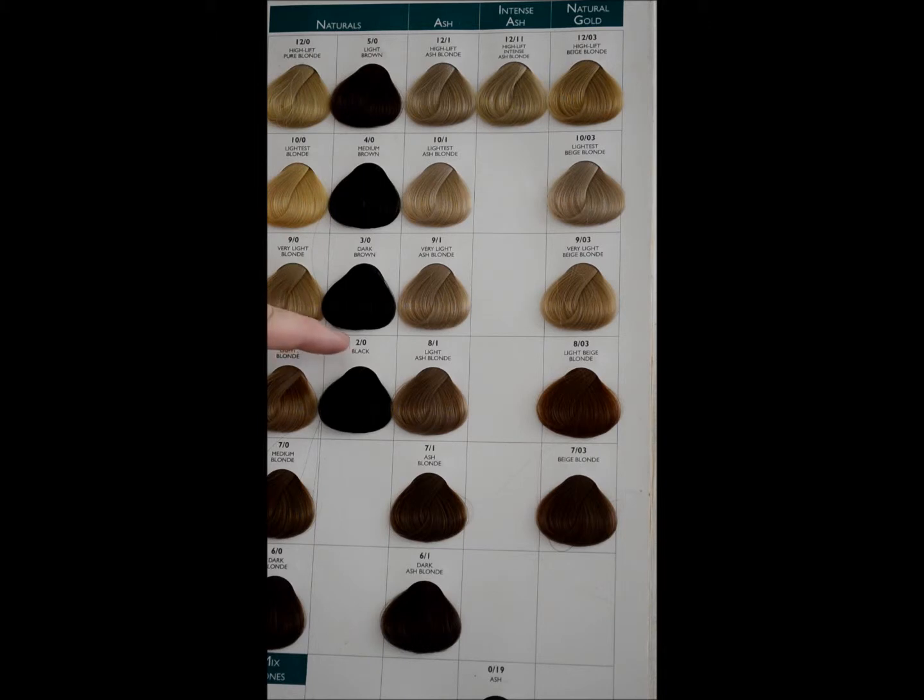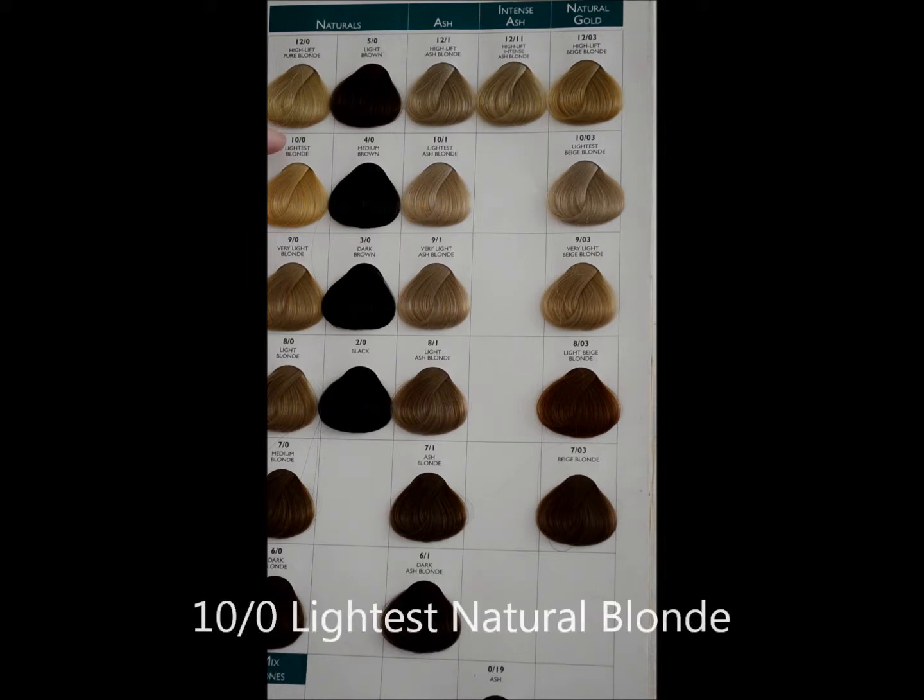Well, the 2 determines how light or how dark the colour is. So the 3/0 is one shade lighter than the 2/0, and it goes up 2/0, 3/0, 4/0, and so on, till you get to 10/0, and we'll talk about the 12/0s later on.